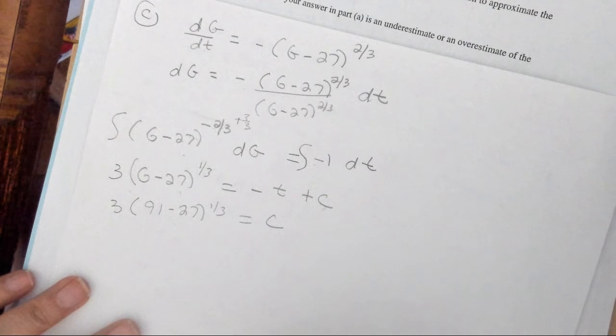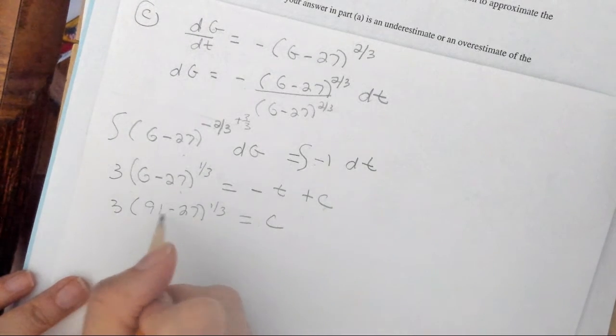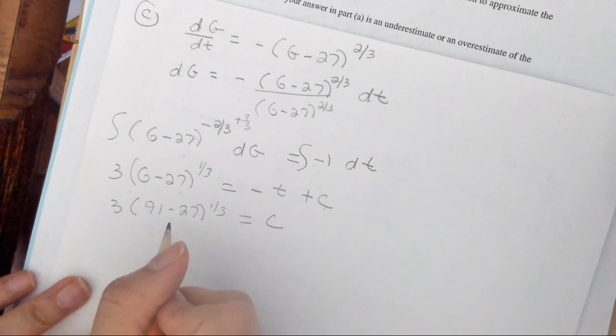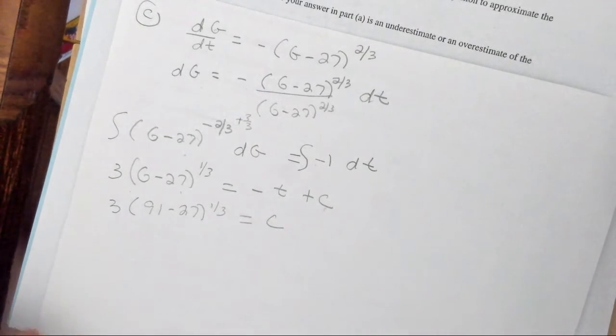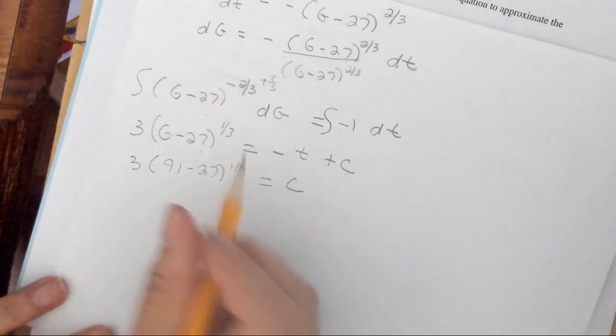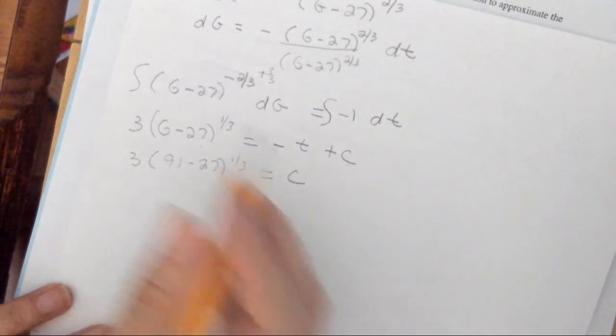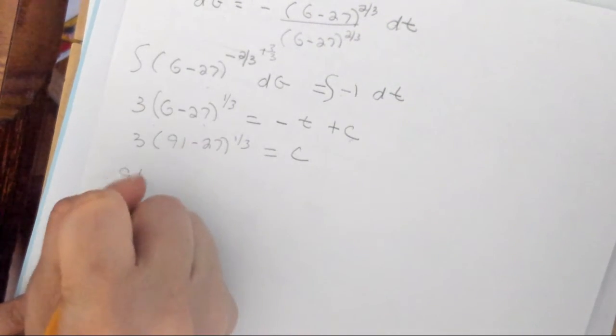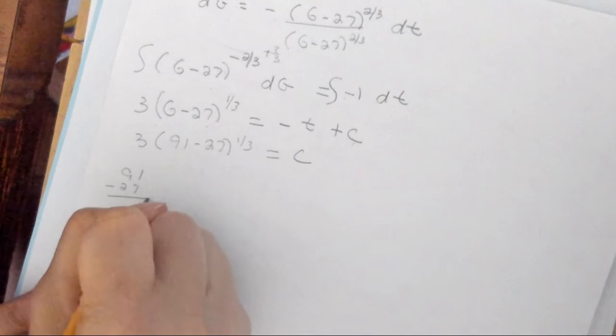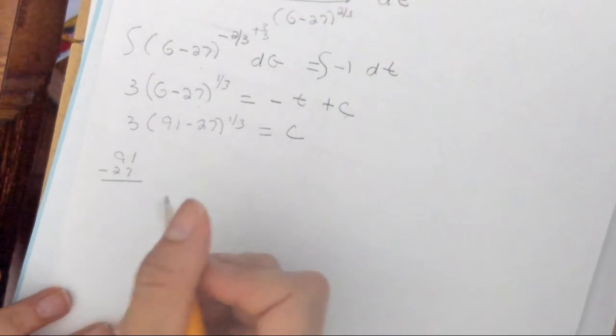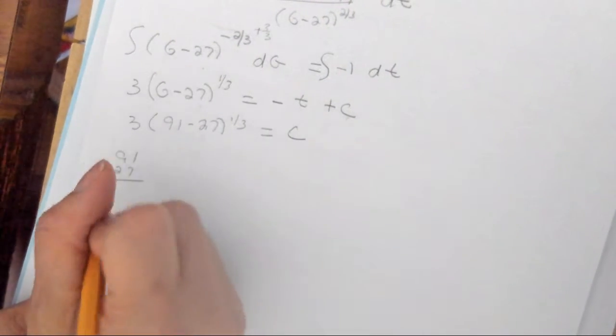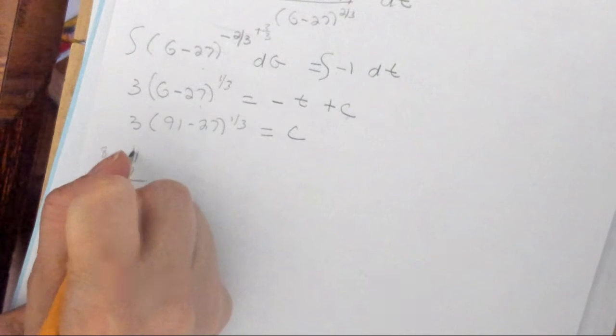Let's calculate that. So we get 91 minus 27. Now, this is a no-calculator section. Some of you might be good at this, but take the time to do this if you cannot do it quickly in your head. Let's remember how to subtract the old-fashioned way.